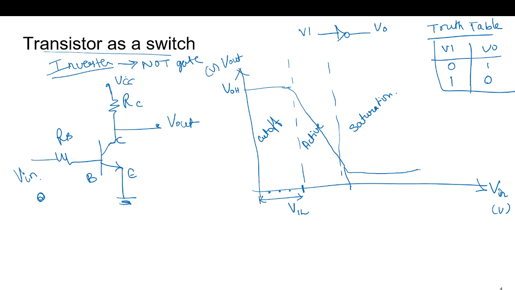So VOH. And any potential here will start being considered as logic input high, and this is output low.